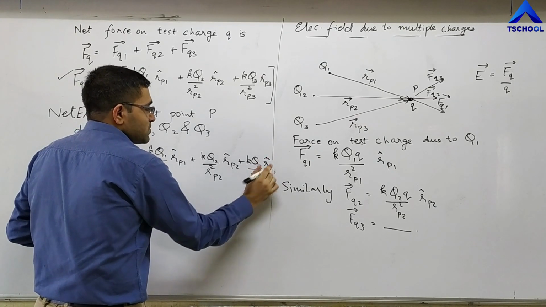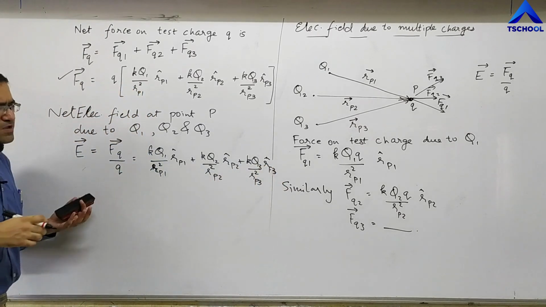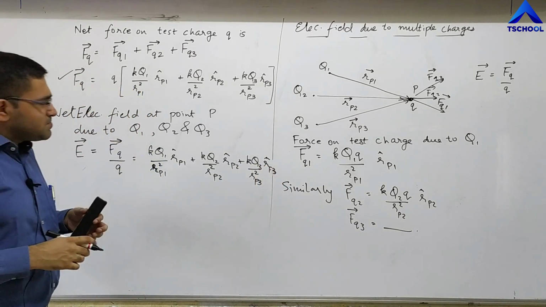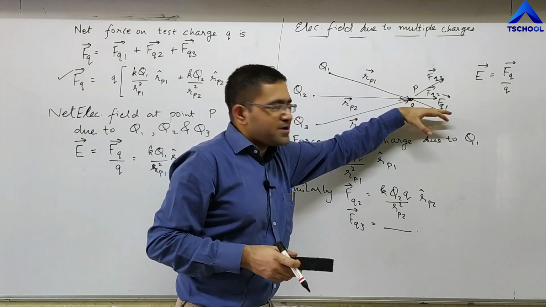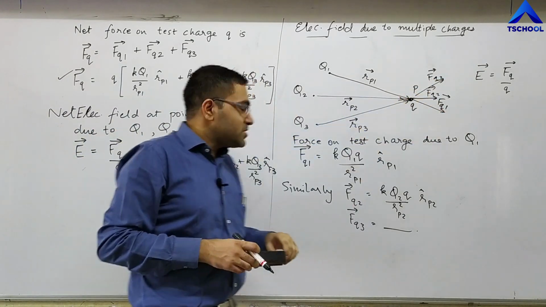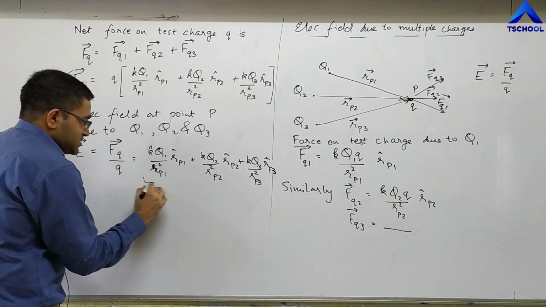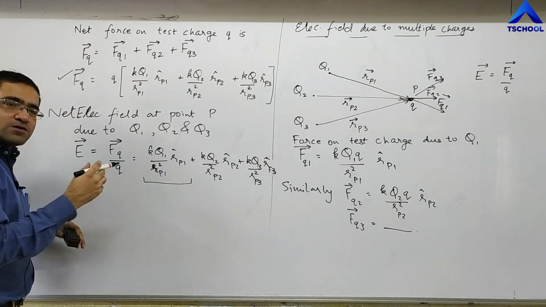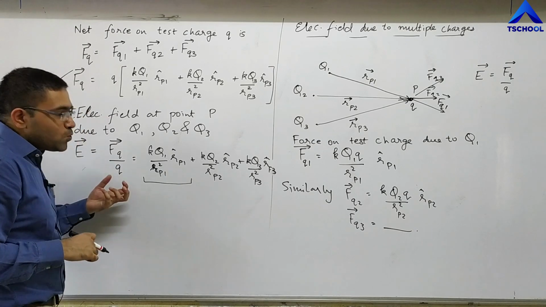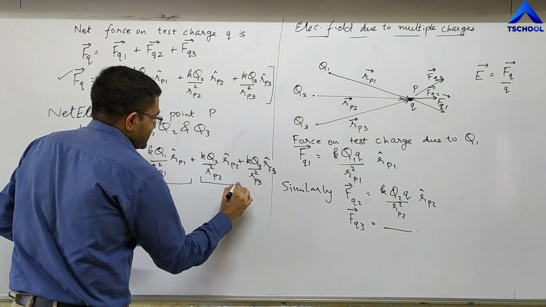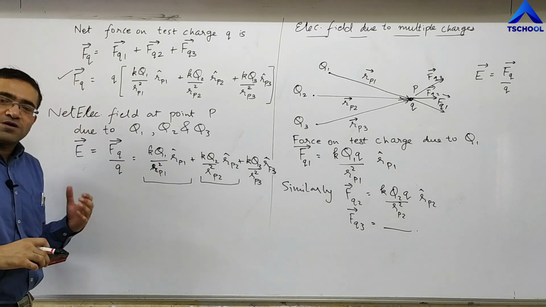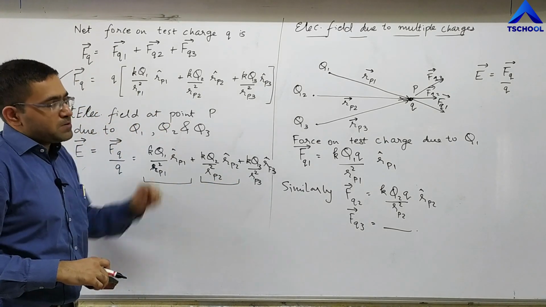So what we are noticing here is that just like the forces are added in vector form, I could say that this is the electric field due to the first charge Q1. Just like that, this is the electric field due to the second charge Q2 at the point P again.